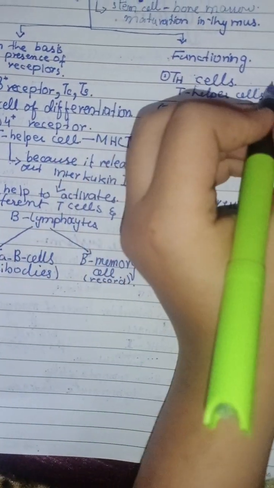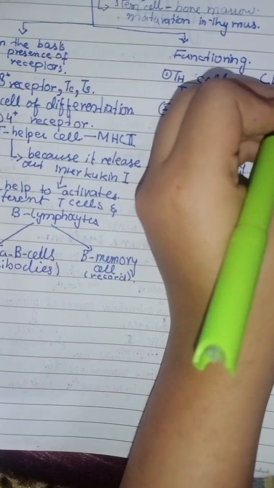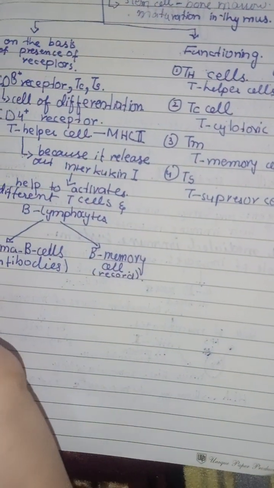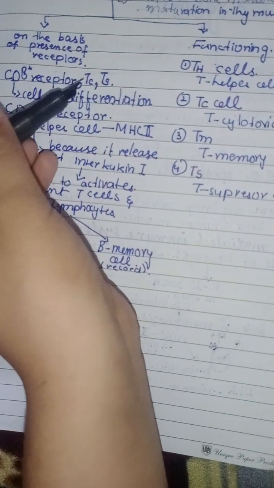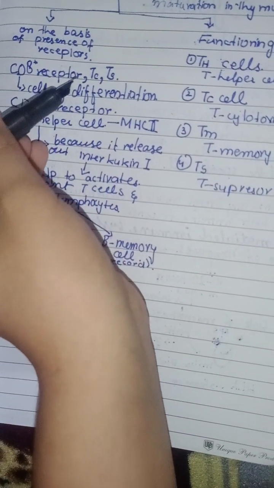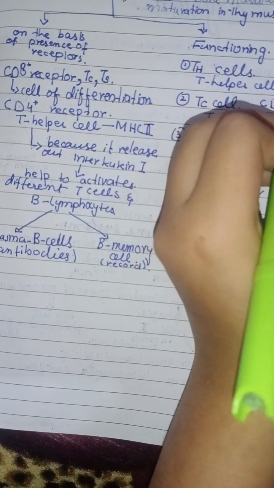So now here we have CD4 receptor present because the T helper cell was present in MHC2. In MHC2 we have CD4, while cytotoxic was in the MHC1, so it has CD8 receptor.